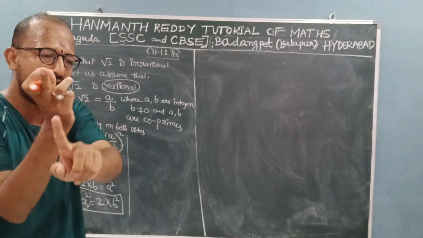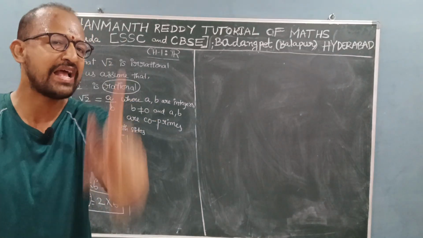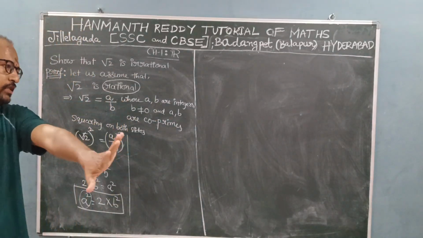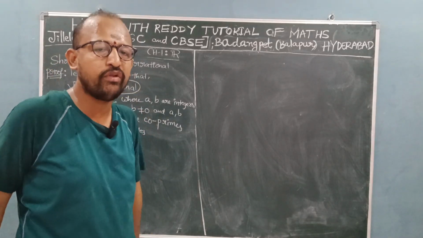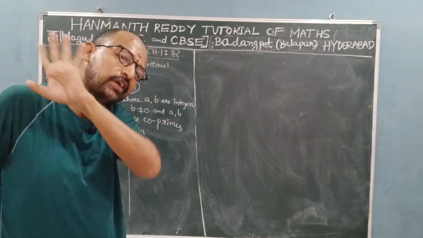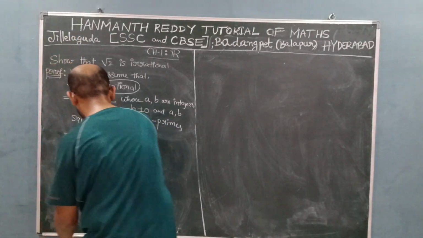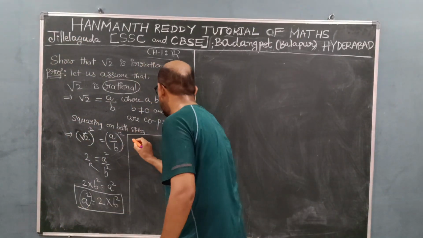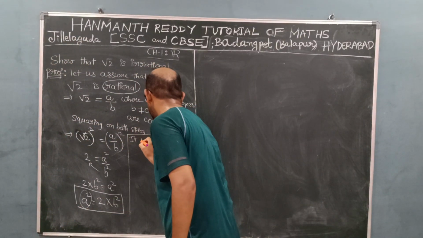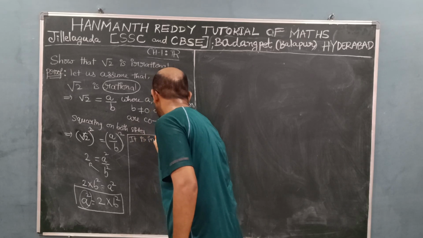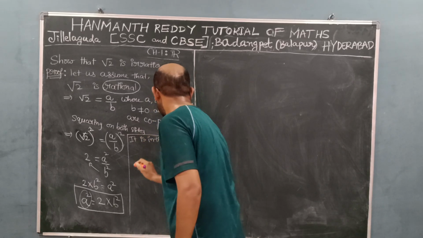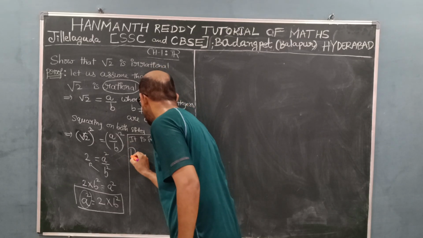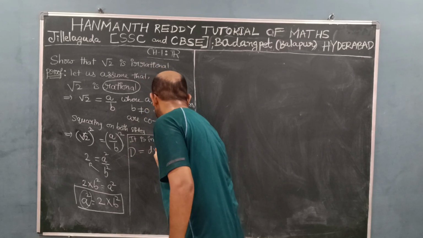The same statement I have explained in the previous video class on Euclid's division algorithm: if remainder is 0, divisor is a factor of dividend or divisor divides dividend. So that one I am writing from this statement. It is in the form of dividend is equal to divisor into quotient.